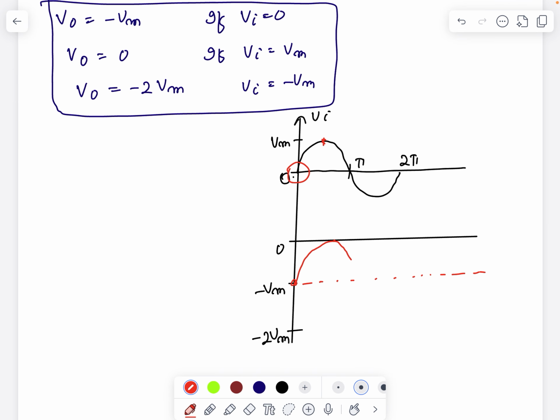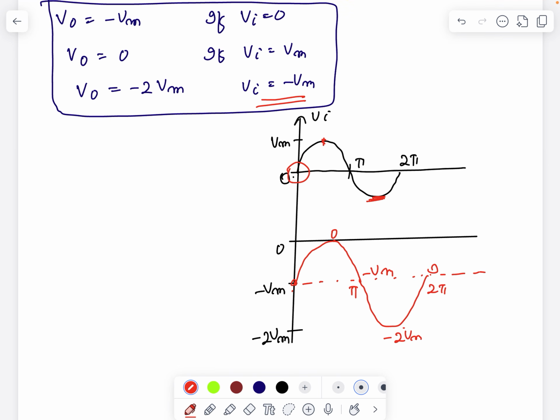When I put VI equal to minus Vm at this portion, I get V0 equal to minus 2 Vm. So this waveform starts from minus Vm, goes to 0, comes back to minus Vm, then reaches the minimum value of minus 2 Vm, then goes back to 0.